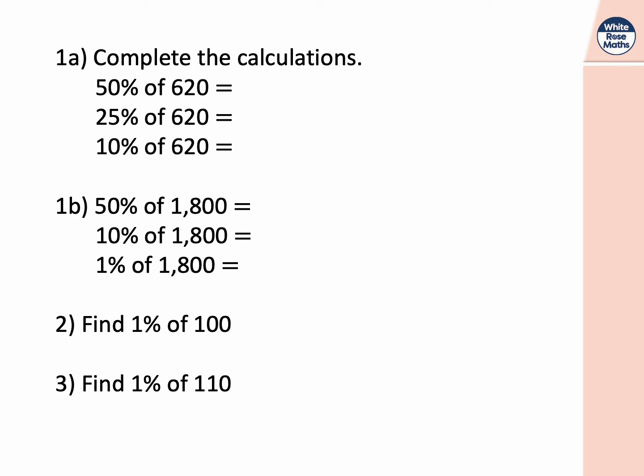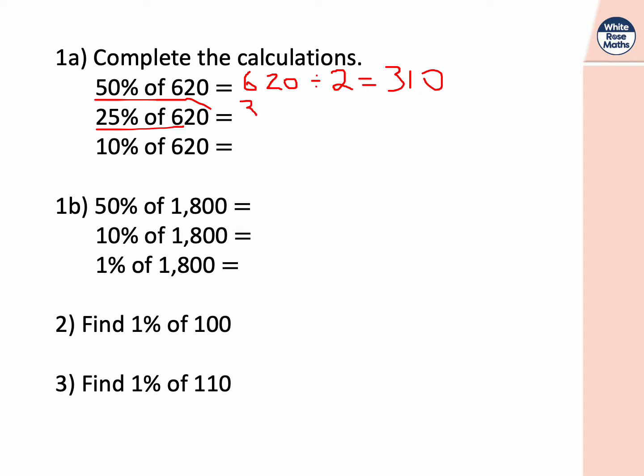Complete the calculations. 50% of 620. Now, 50% in maths just means half of something. So 620 divided by 2. I'm essentially halving 620. Think of it as 100% is 620. 50% will be half of that, which will be 310. The next part, 25% of that, well, that's half of 50%.